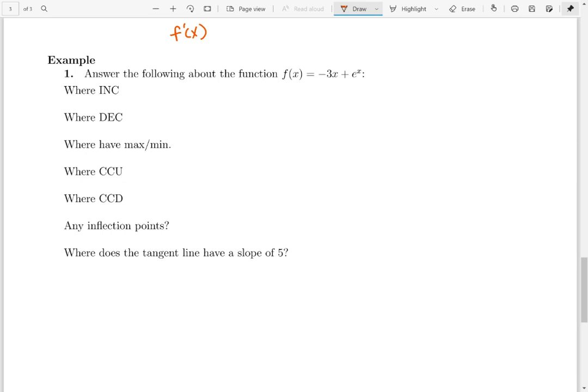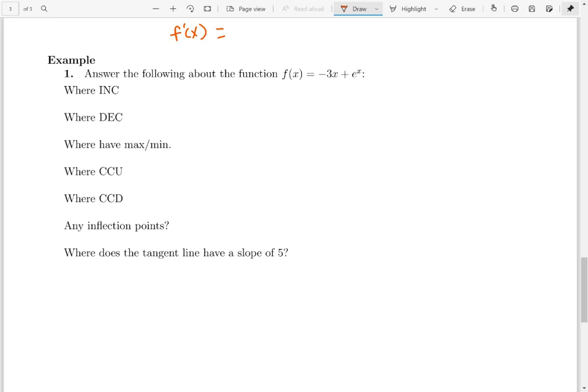So if I'm trying to figure out where we're increasing, first derivative sounds like a good place to start. Decreasing, same answer. Where we have maxes and mins, I'll use the first derivative and the second derivative test. Then concave up is just second derivative, concave down is second derivative, inflection point is second derivative, and tangent line is first derivative.